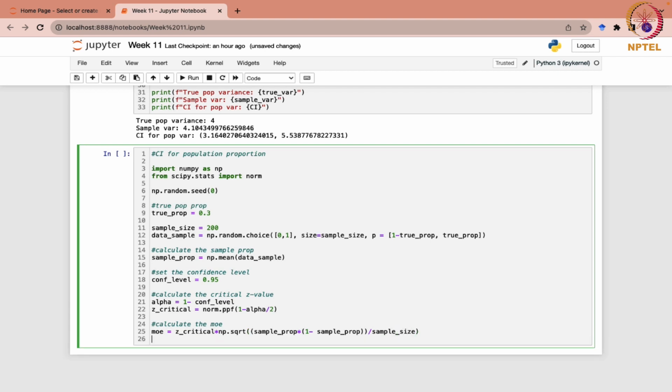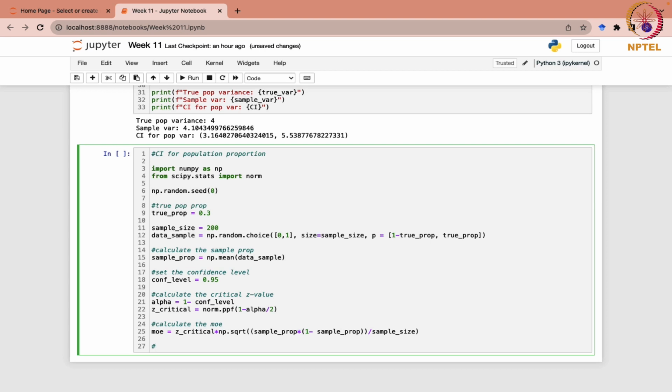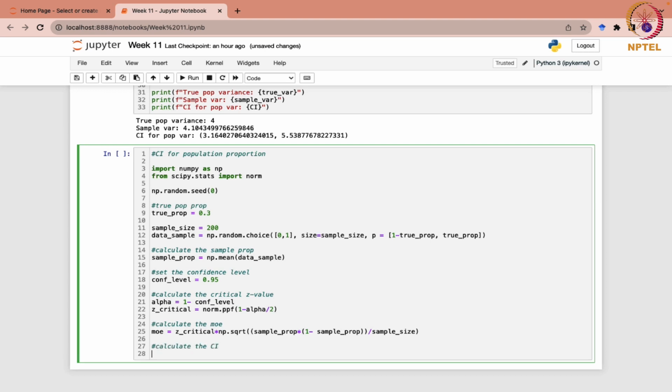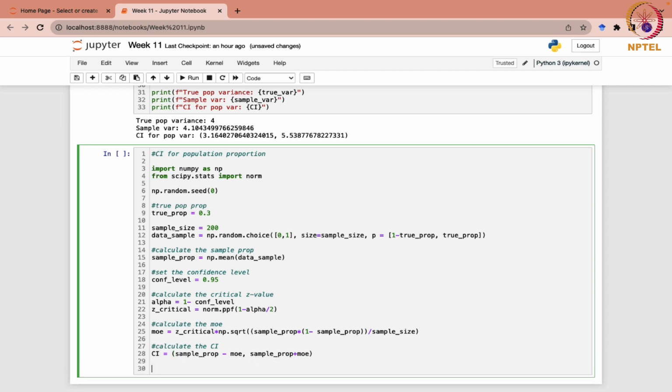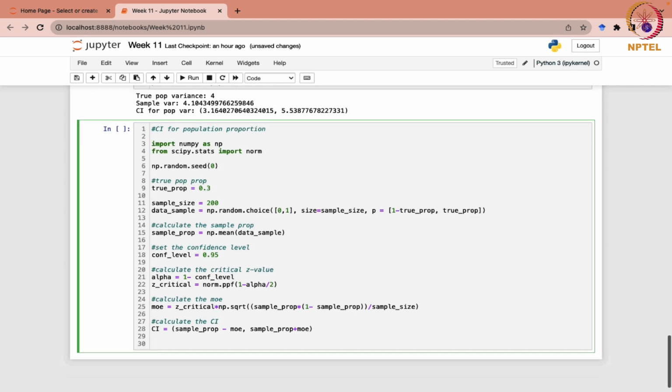Once you have calculated this, you would calculate the confidence interval for the population proportion. So the CI is sample_prop minus your margin of error on one side, and sample_prop plus margin of error on the other. Finally, you can print the true population parameters.